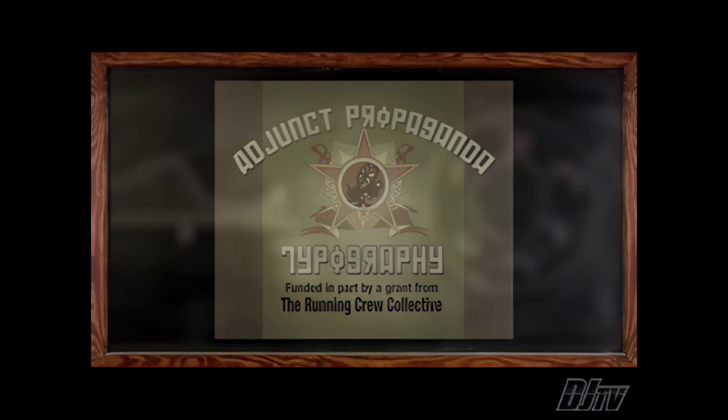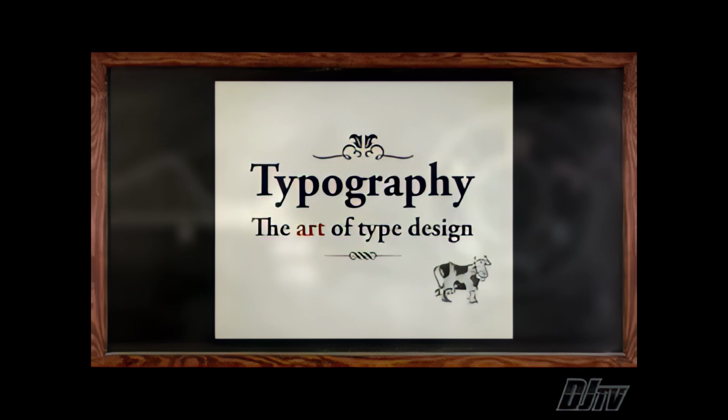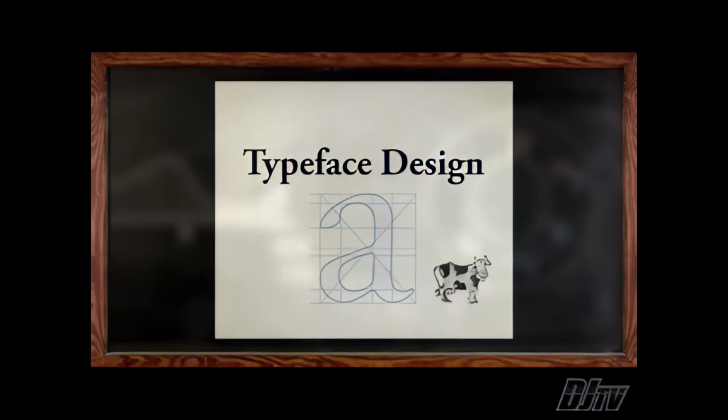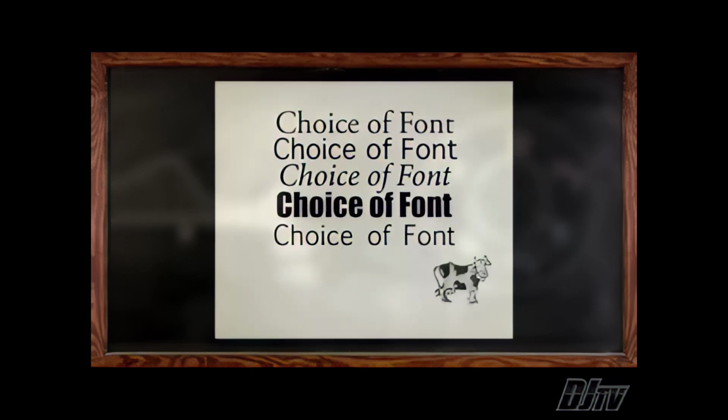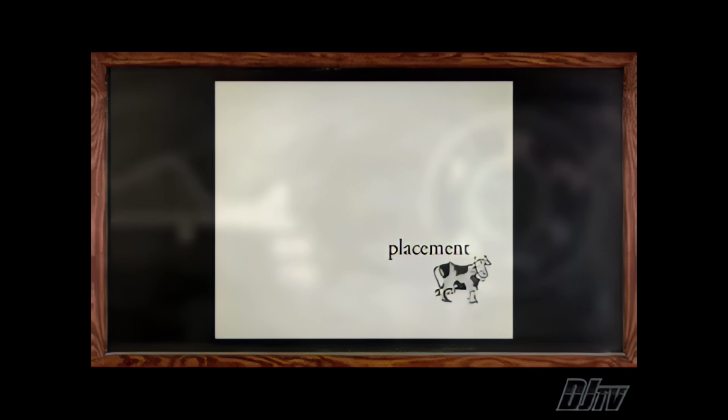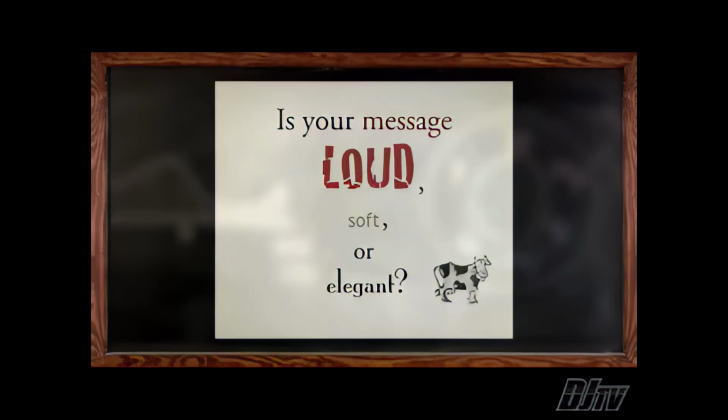Typography, a slideshow from adjunct propaganda. When the cow in the corner moves, advance to the next slide. Typography is the art of type design. It involves the design of typefaces. The choice of font. And the placement of type. All of these things go into conveying the message you want to communicate.